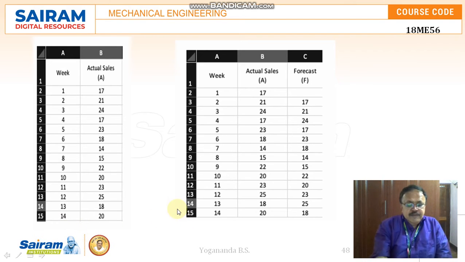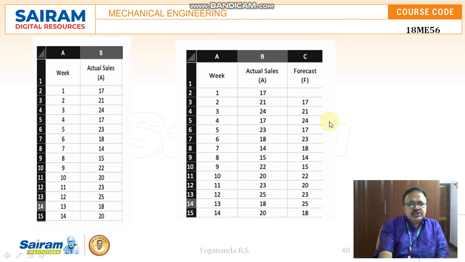If the team manager is a fresher, he will do rough predictions like this. Based on the first week's sales of 17, he assumed that in the second week the sales is going to be 17 units.